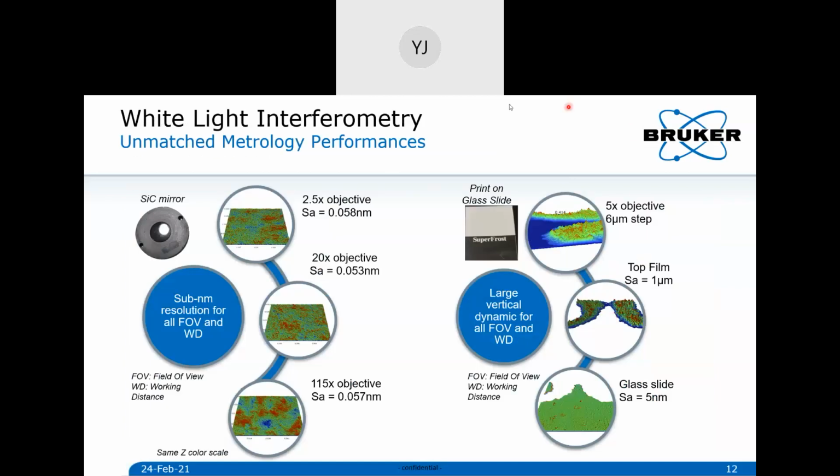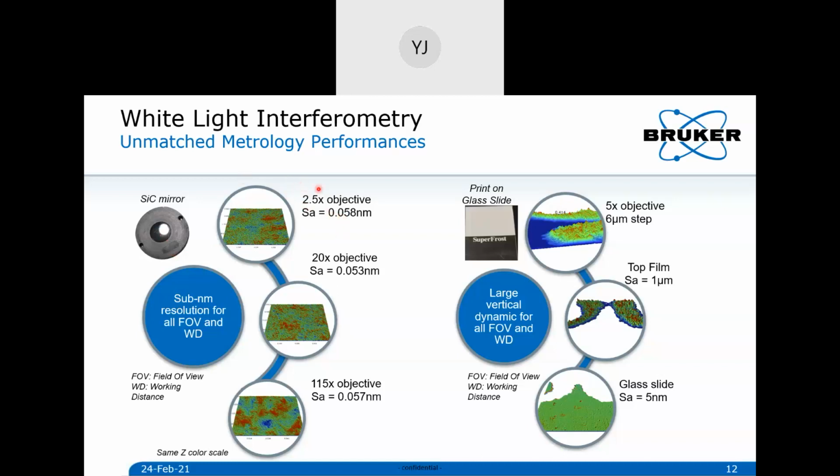Some examples here: this is a silicon carbide mirror. The silicon carbide mirror is a very super polished surface, sub-nanometer. What I want to show you here is that the resolution is independent of the objective.